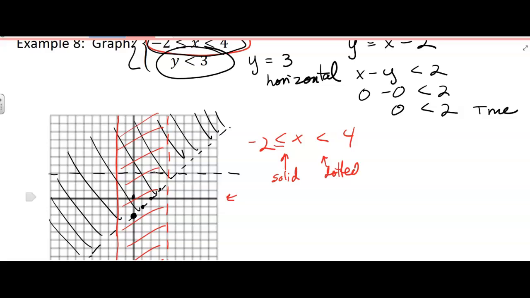Okay, and we want y to be less than 3, so now how am I going to draw this? Well, I want these ones, right? So you kind of have to think about what I've got going on here. Red lines, those are vertical. So I know I'm in that section. And then somewhere I have this dotted line. I'm above the dotted line, but I'm below this dotted line.